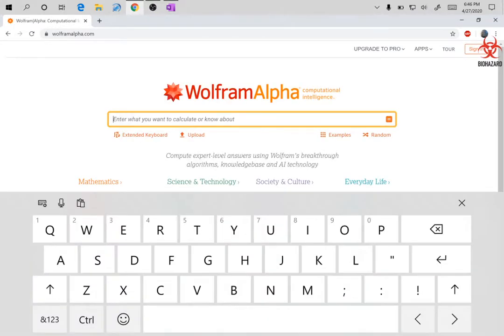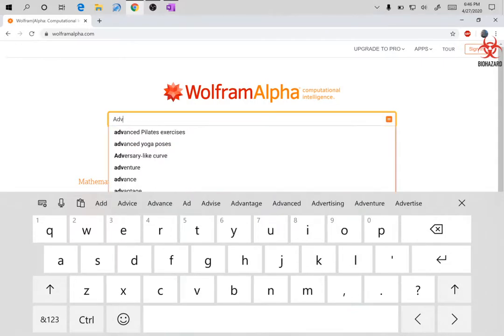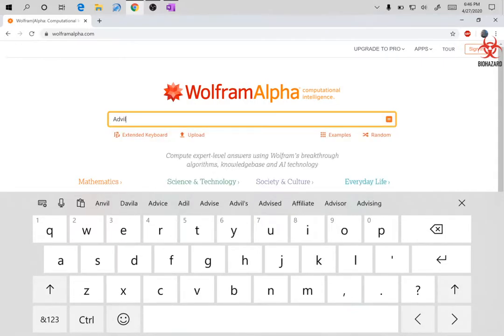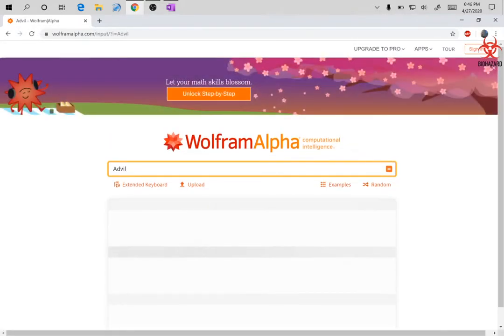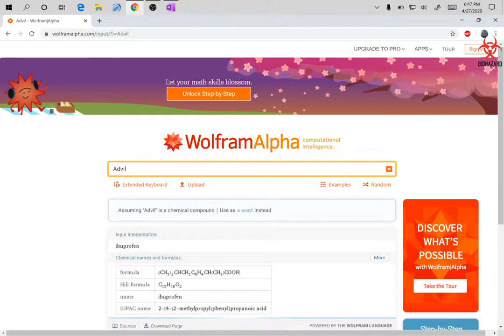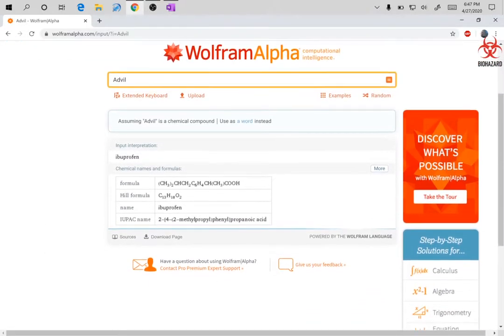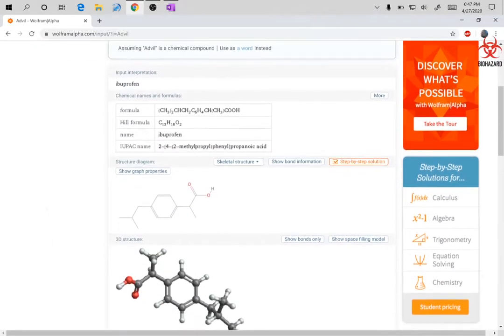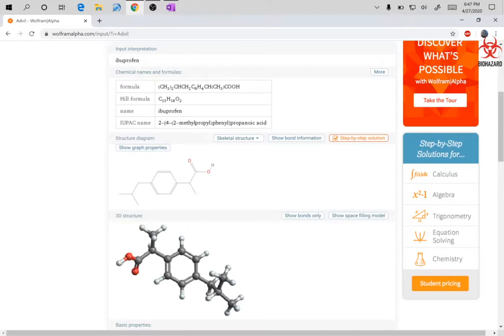And all I'm going to type here is Advil. Let's see what we get. There you go. You get the formula. You get the name, ibuprofen. You get all of the chemical properties and things if you want to cook this at home, I guess.